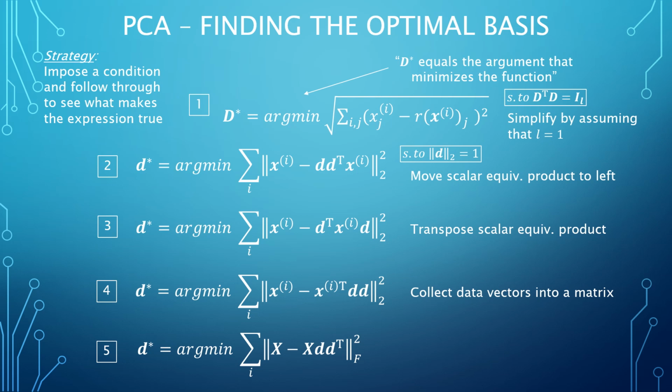And moving forward, keep in mind the constraints that we had set, that the columns of our decoding matrix are orthonormal, and in all cases, they must be unit vectors as well. These constraints are captured in the box statements on the right. Once again, we've created a mathematical statement which encapsulates the truth we desire to achieve. And by manipulating this statement, we'll attempt to determine what values of D would make it true.